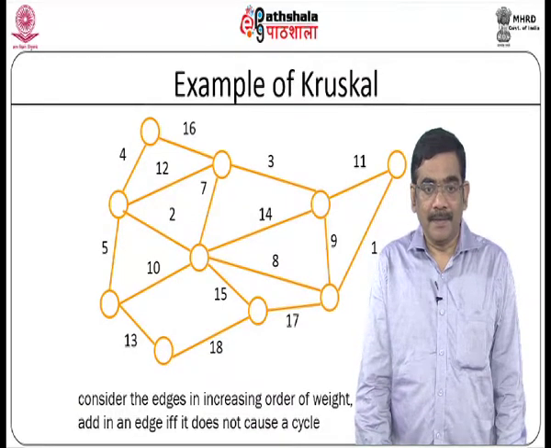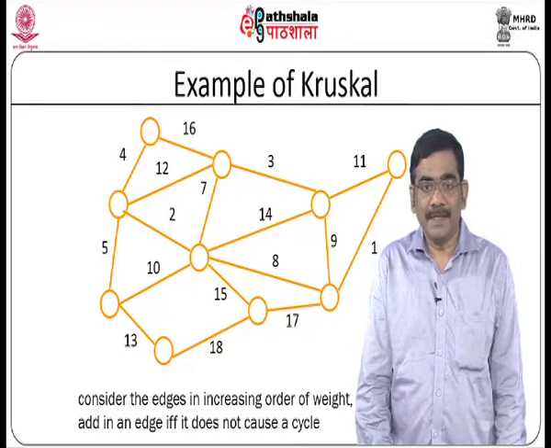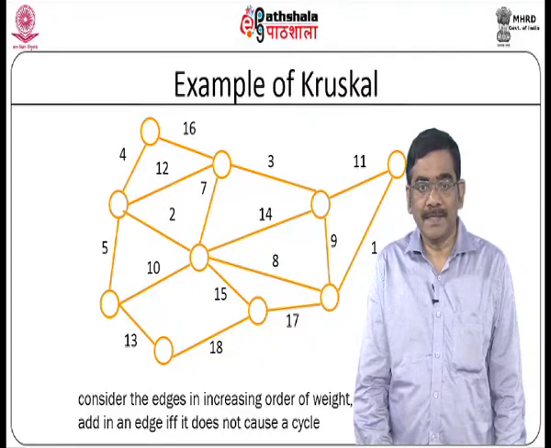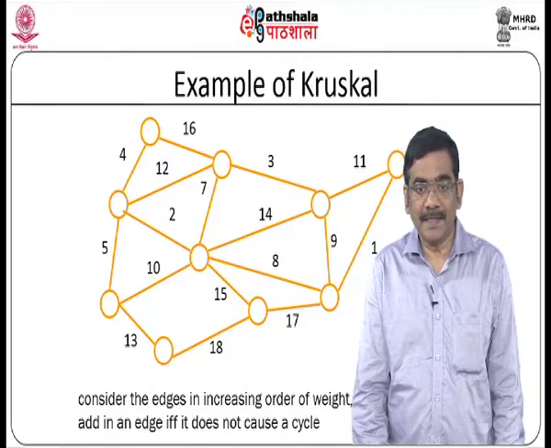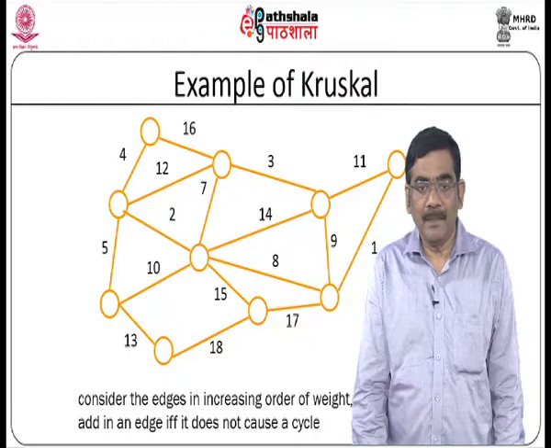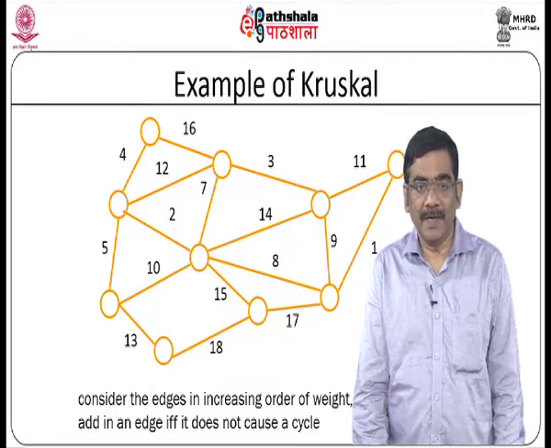This is an example. Let us see how Kruskal is applied here. You can see that this is an undirected graph, and the edges have weights. So, we have to sort. You can see that 1 is the minimum cost edge, then we have 2, then 3, then 4, then 5.